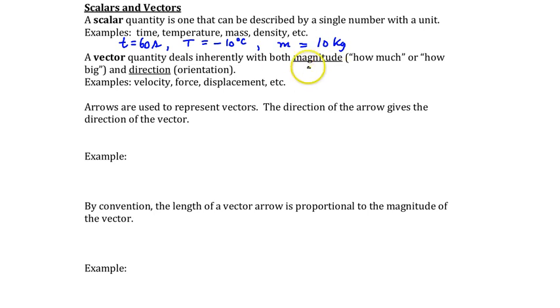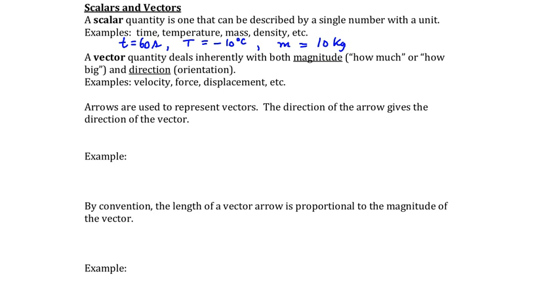Quantities that have both magnitude, which is like the size, how much or how big, think of it like a magnitude of an earthquake, and also a direction, are considered vector quantities. So we say vector quantities have both magnitude and direction, whereas scalars just have magnitude only.